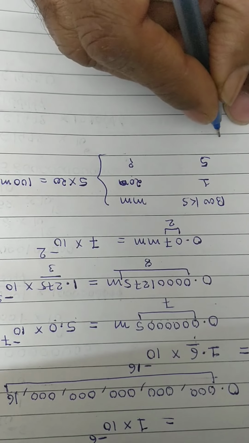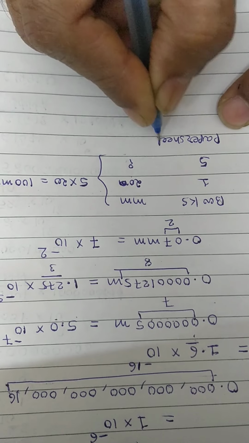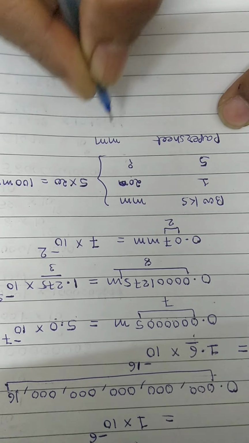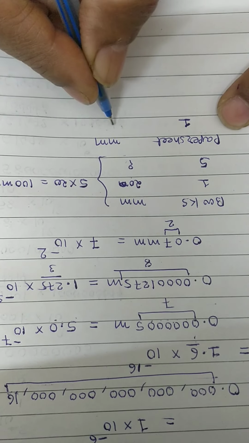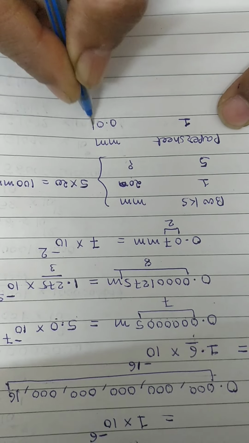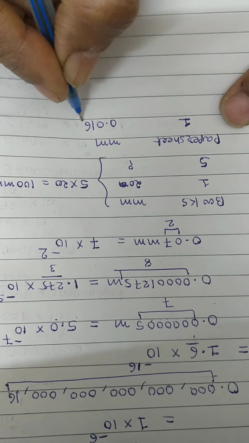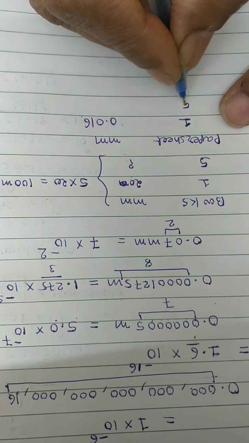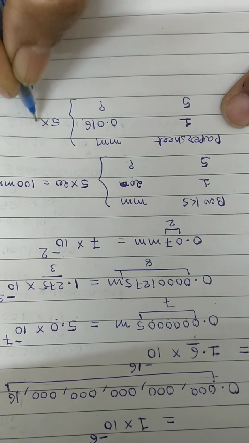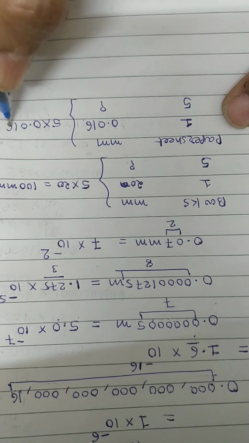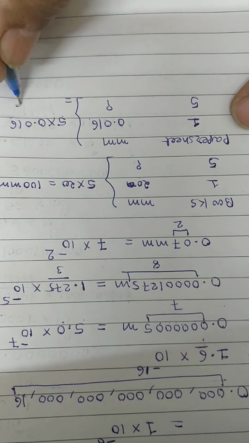So now for the paper sheet, thickness is also given in millimeter. So one paper sheet has 0.016 millimeter thickness. Okay, but there are 5 paper sheets, so thickness is 5 into 0.016, so 16 5s are 80.